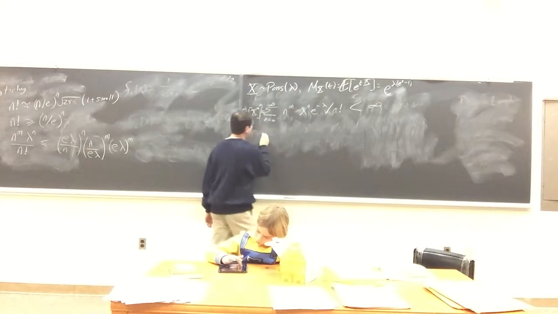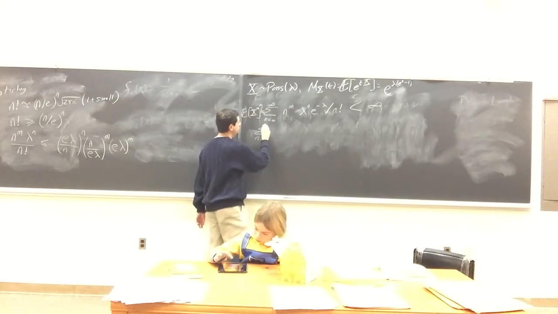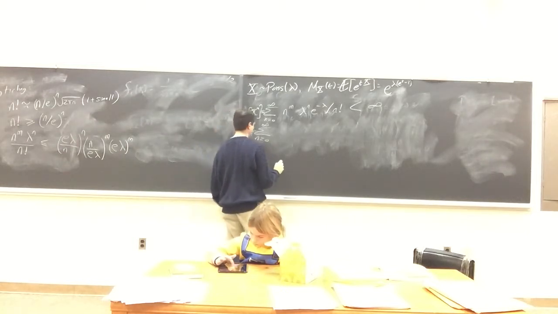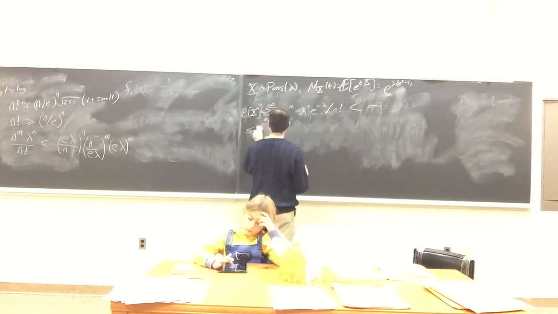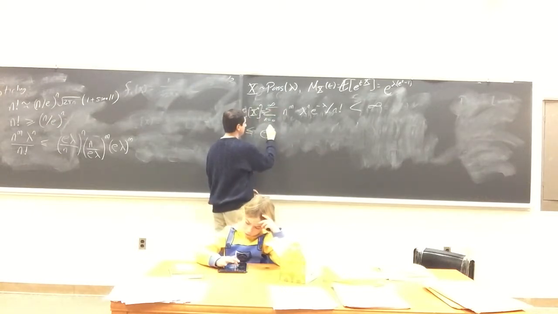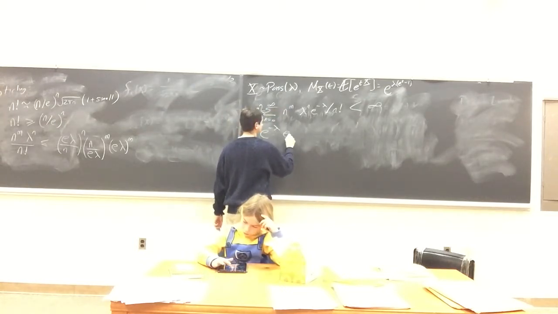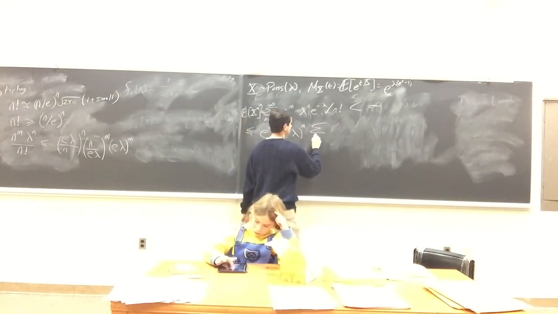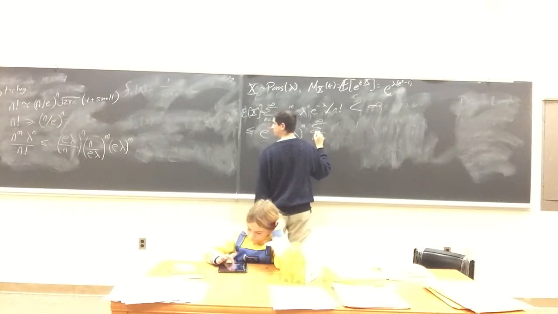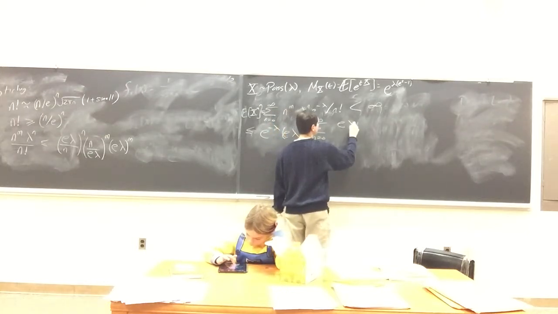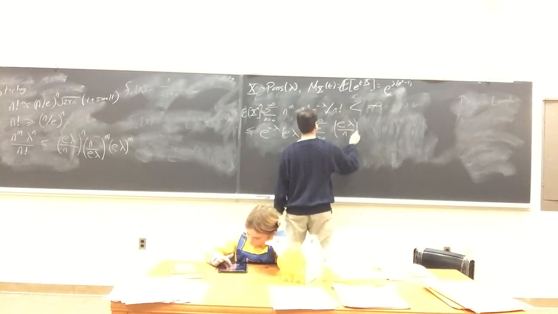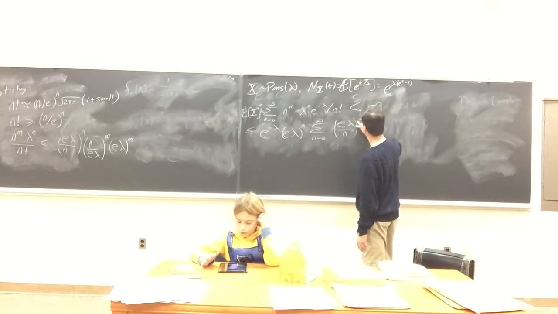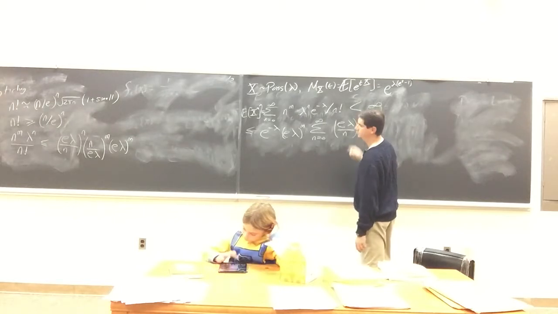So we have a sum, n goes from 0 to infinity. It'll be less than or equal to, and actually let me pull out all the different factors. We have an e to the minus lambda. We have an e lambda to the m. And then we have a sum, n goes from 0 to infinity, of e lambda over n to the n minus m.